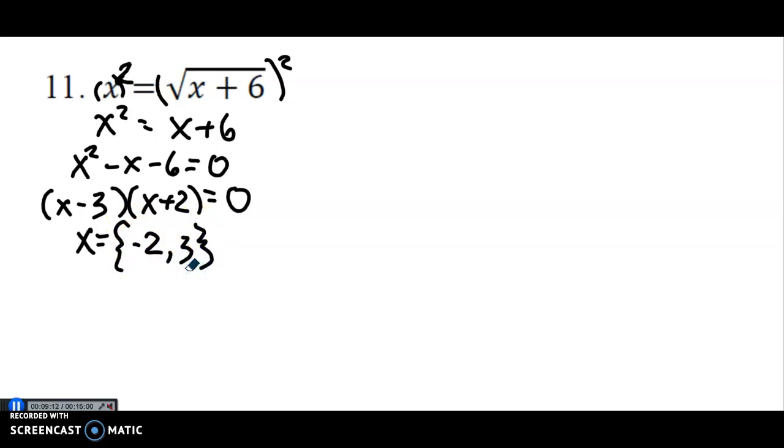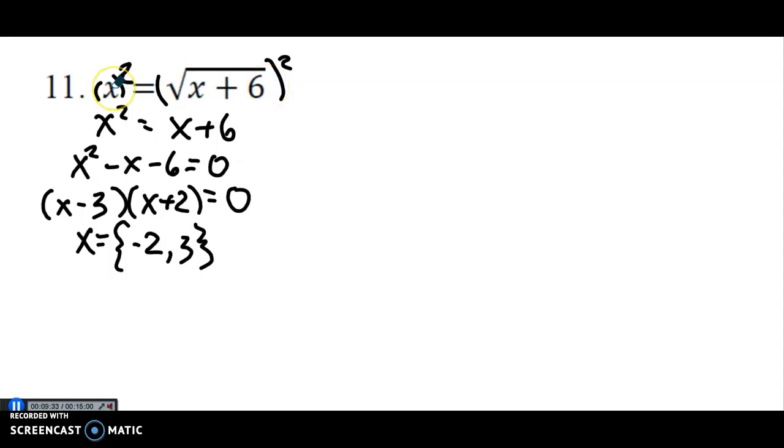Now I need to make sure that these are actually viable answers. So if I plug this back in, if I say that x is -2, in the square root, -2 plus 6 is +4, and the square root of +4 is 2.